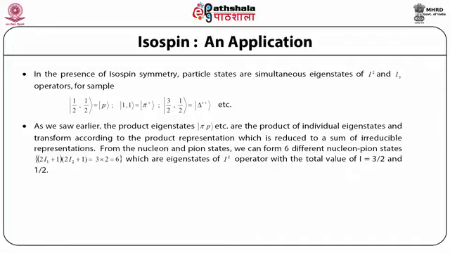From the nucleon and pion states, how many states can be formed? There are 2 nucleon states and 3 pion states. So there are 6 different states. And the eigenstates of the I square operator have the total values of 3/2 and 1/2.